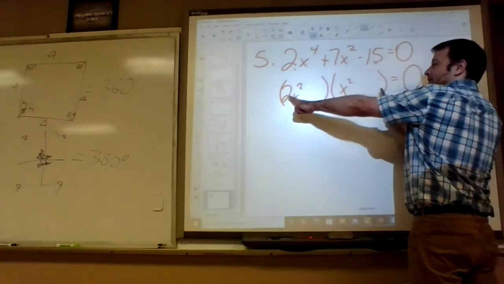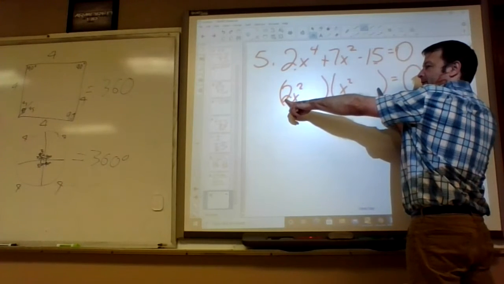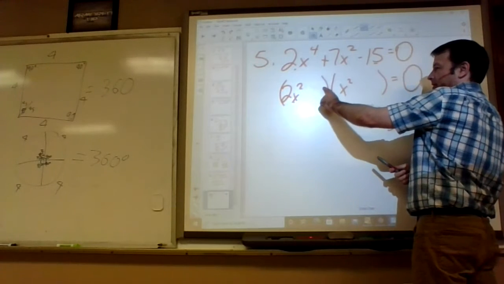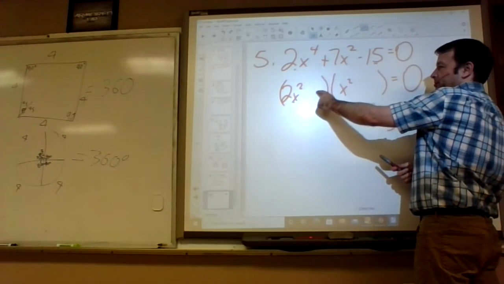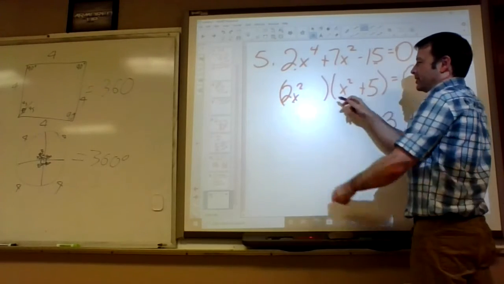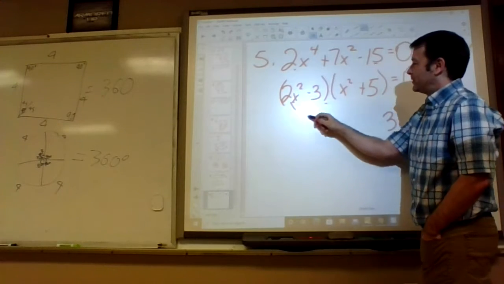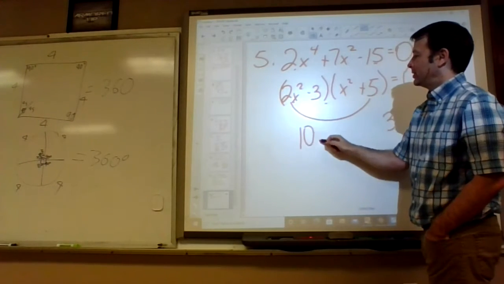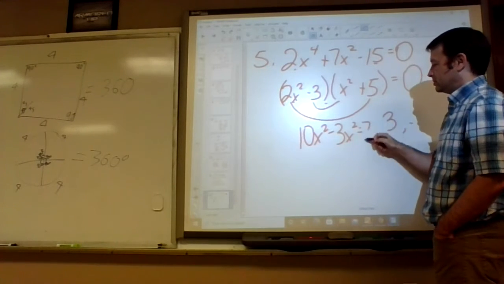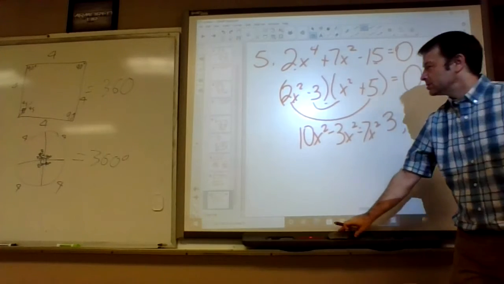If I put the 5 out here, that gives me 10 on the outside, and the negative 3 gives me minus 3. If I FOIL it, 10x squared minus 3x squared is 7x squared. So that's the right one. I got it right all by myself.